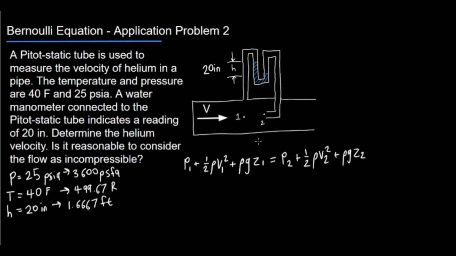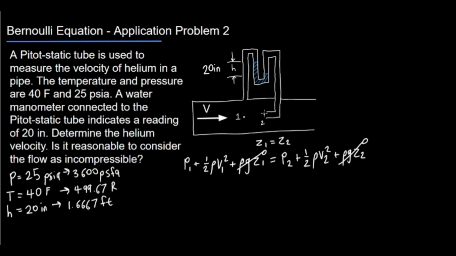And keep in mind, Z1 is equal to Z2. Z is measuring the elevation from some datum, which we're just going to call 0 right here because they're in plane. And so because they're equal, these will turn to 0.